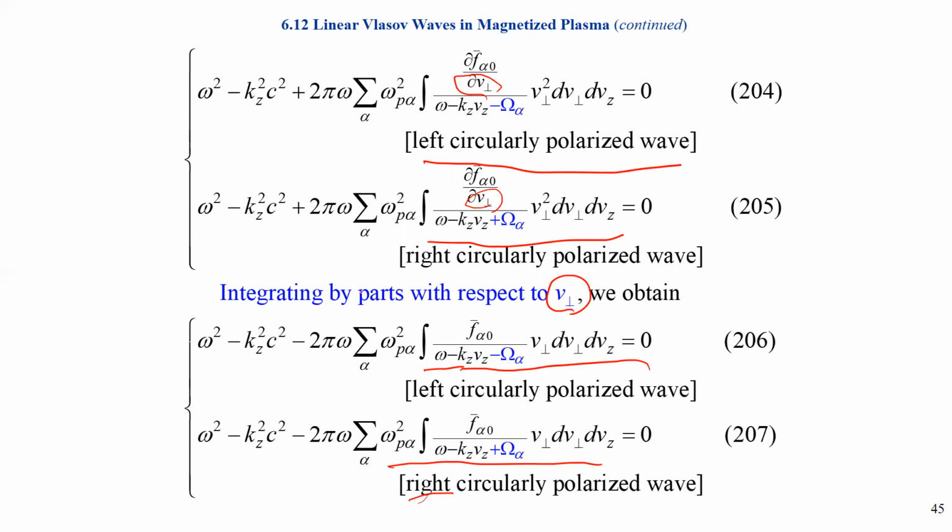Quite similar to the equation we found before: omega squared minus kz squared c squared minus this one. The major difference is here, because of the magnetic field B0 in the z direction. And remember, k is kz, the same, in the z direction only.